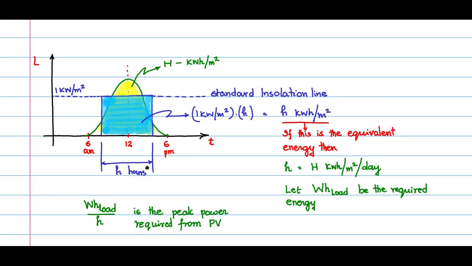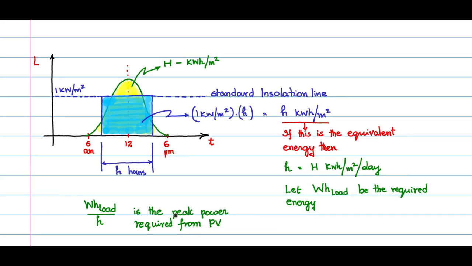Now I know this H has been obtained. If I am able to estimate H, the uppercase H, in kilowatt hours per meter square per day, then that will directly give you the value of how many hours in a day with standard insolation. Using that here, you will get the peak wattage required.